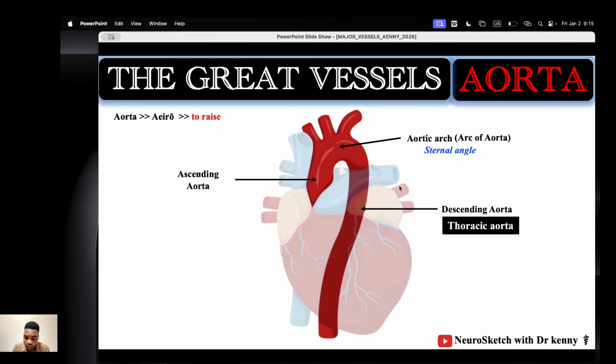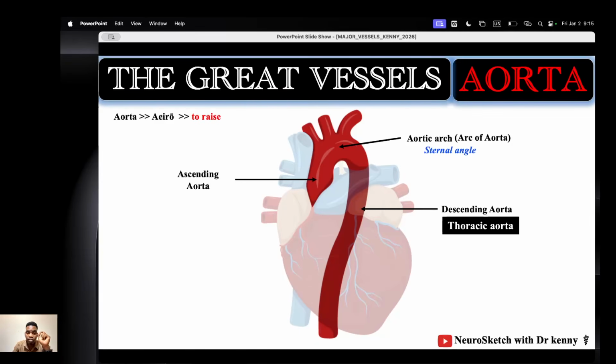When the thoracic aorta punches the diaphragm at the level of T12, it changes from the thoracic aorta into the abdominal aorta.